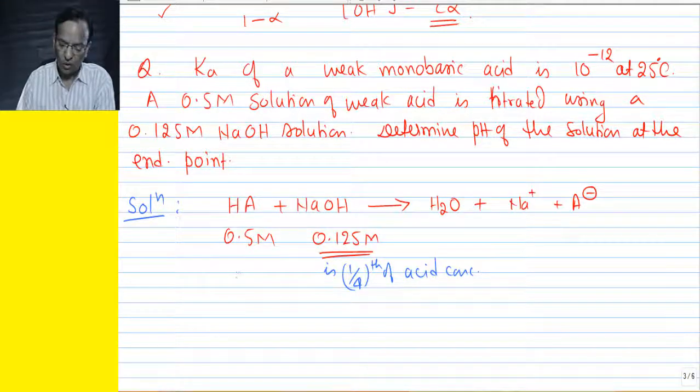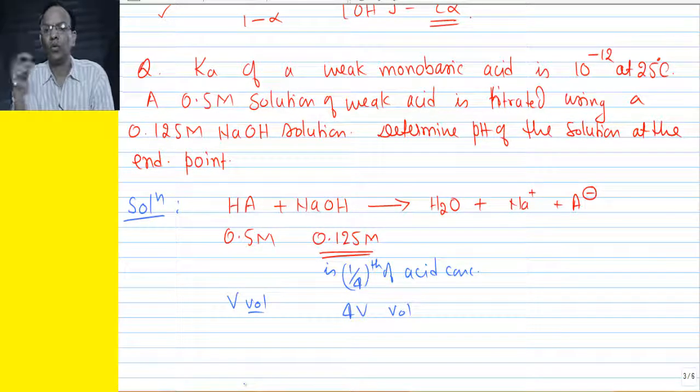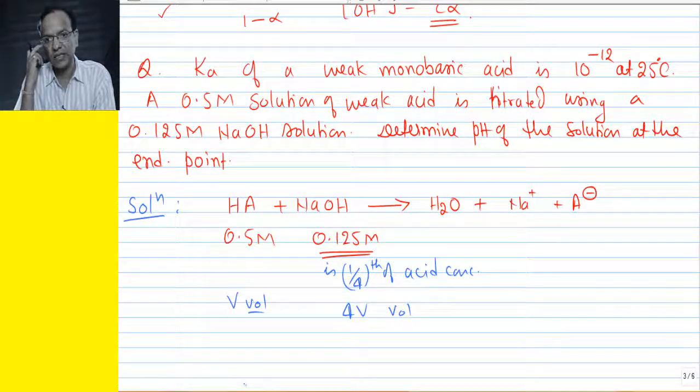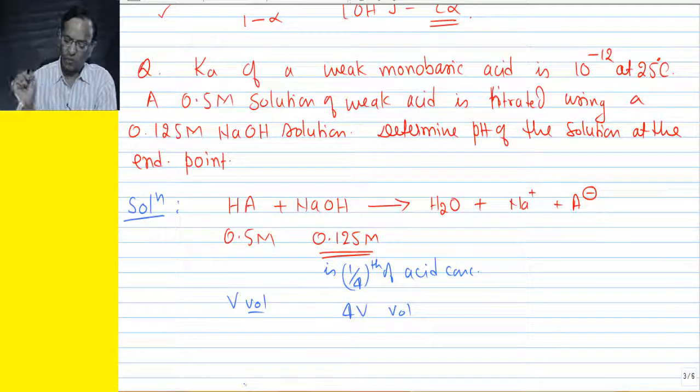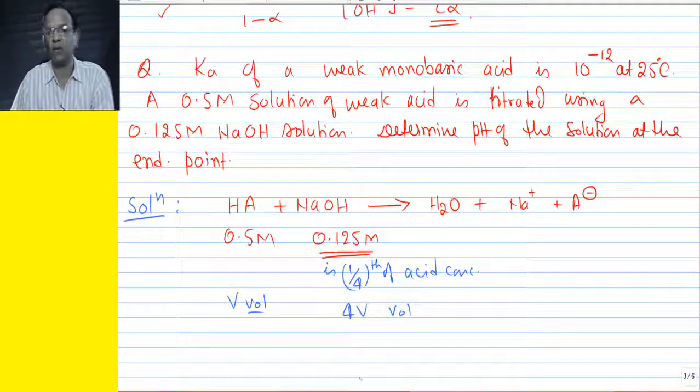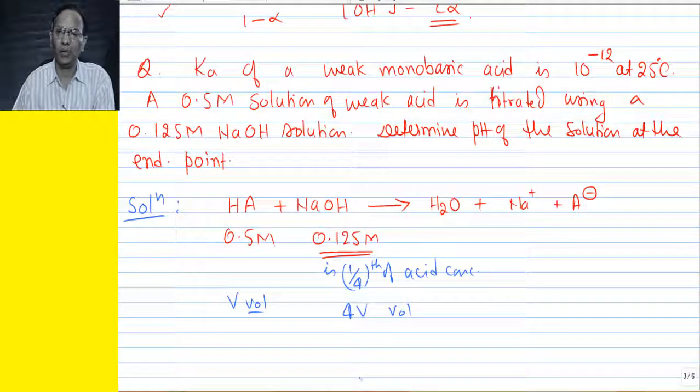So V volume of acid will require 4V volume of base to reach the end point. Since concentration is inversely proportional to volume, if concentration of base is 1/4, the volume requirement of base will be 4 times the volume of acid.